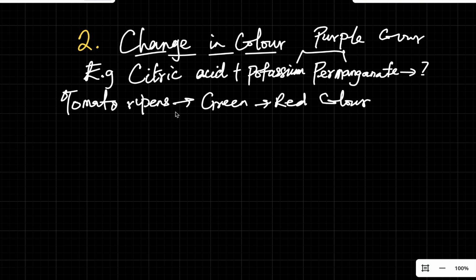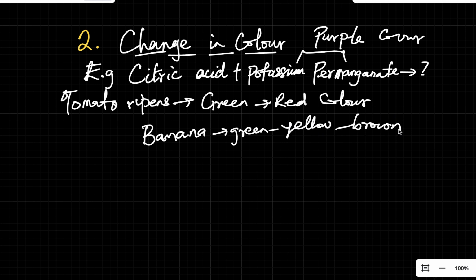Now let's bring it back to something we use every day, like banana. Banana usually changes from green to yellow to brown. When banana ripens, enzymes react with chemicals inside the fruit.